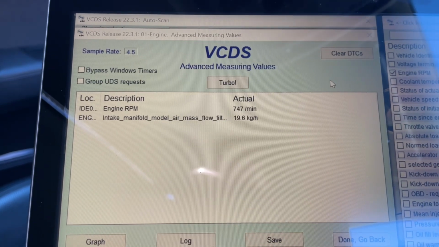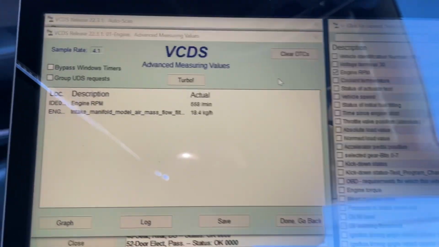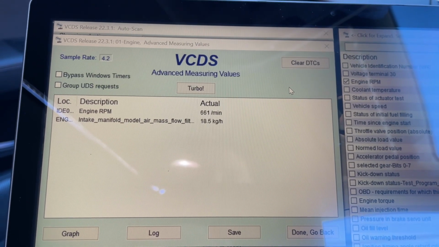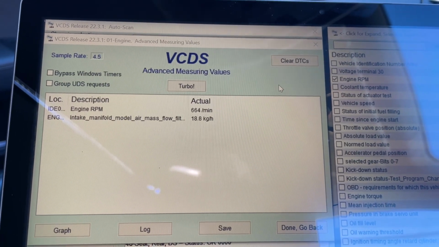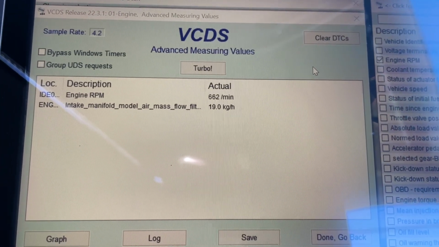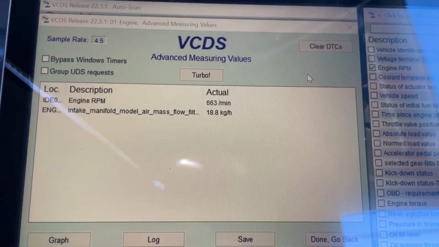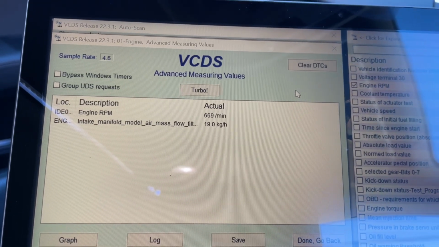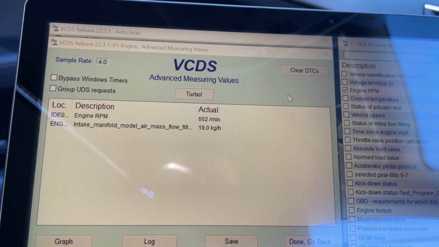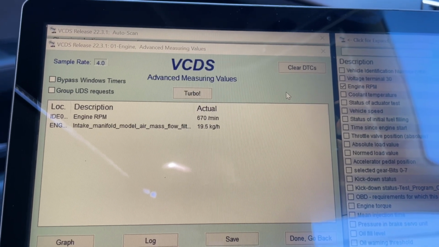And now, for some test purposes, I'm gonna disconnect the pipes completely from the air filters. Even now we have around 19. And we'll have a look at the figures with the air filters completely off.